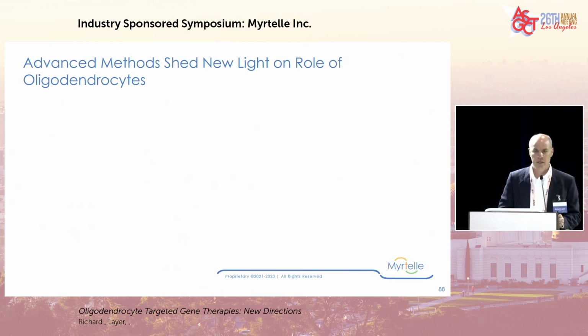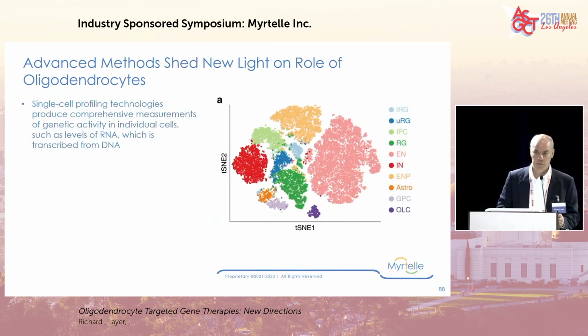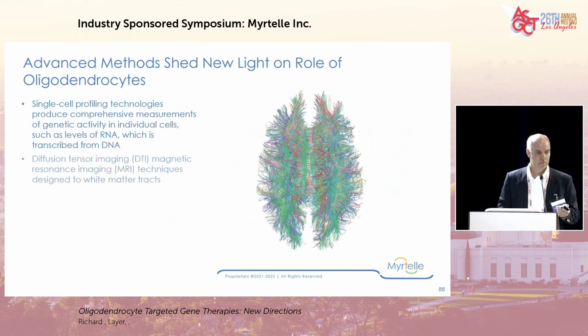We've learned a lot about oligodendrocytes in the past decade because of the availability of new technologies and tools, such as single-cell profiling technologies, which enable the characterization of gene expression at the single-cell level. New MRI technologies, as Chris showed, enable the evaluation of white matter structure and volume.